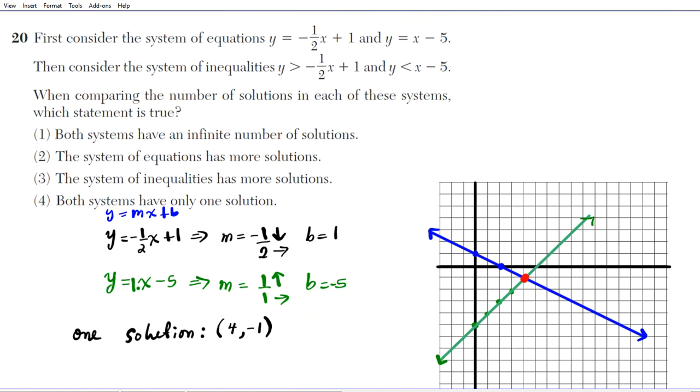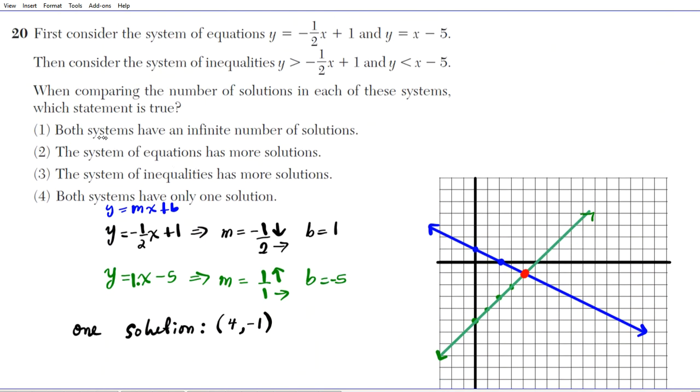Alright, so let's see what the correct answer is. Option 1 says both systems have an infinite number of solutions. This is false because the system of equations has only one. Option 2, the system of equations has more solutions. One or infinite, which is greater?